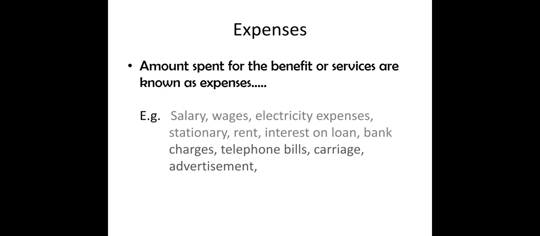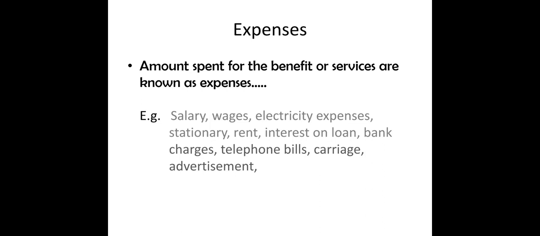In effect number one, you have to write the name of that expense. Suppose when you pay salary, in effect number one, you have to write that salary is the expense. If you pay wages, then you have to write that wages is the expense. If you pay for advertisement, you have to write in effect number one that advertisement is the expense.